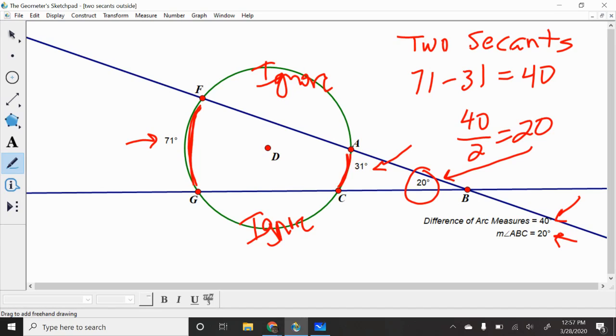So I'm going to roll these along again and show you that the relationship is the same, very similar to the tangent situation.